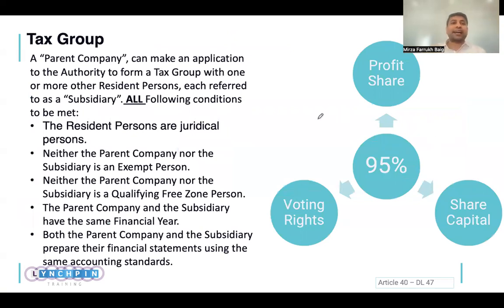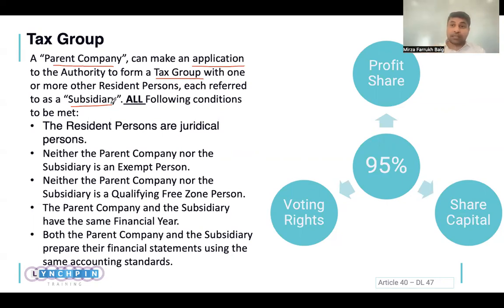To form a tax group, as we just discussed, the parent company will take charge of forming it and applying to the FTA that we want to form a tax group. Here I won't use the word qualifying group, and each entity inside the group would be called a subsidiary.